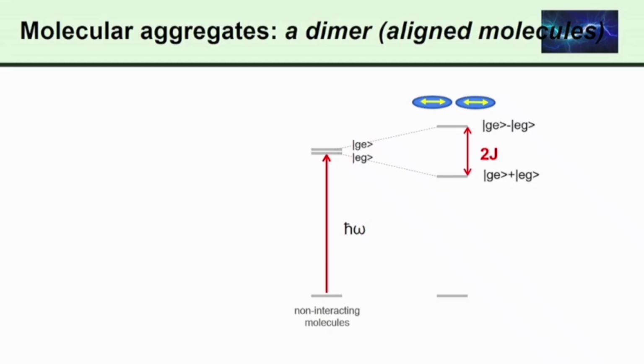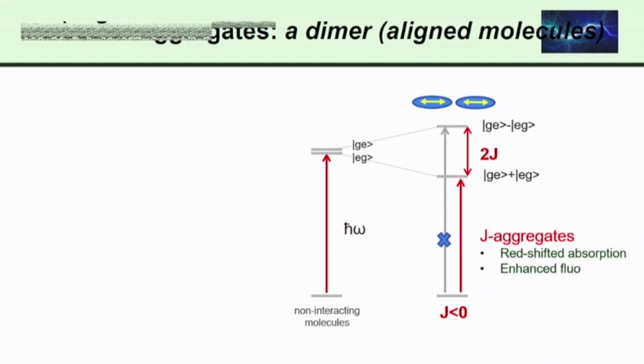And this is extremely important because in spectroscopy, only the in-phase combination of the two transition dipole moments gives rise to a global transition dipole moment. So the point is that in this case, you only see the absorption to the lowest energy state. This transition, the green one, is forbidden. So basically, you start from a monomer that absorbs here, and you end up with a red-shifted absorption.